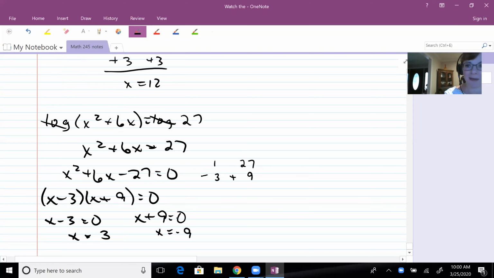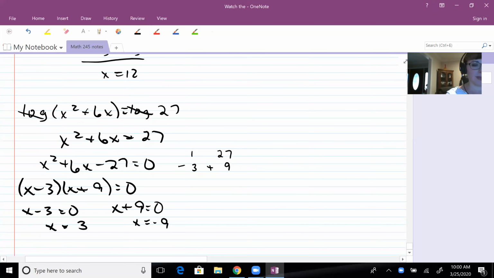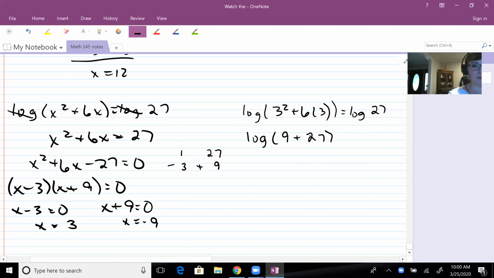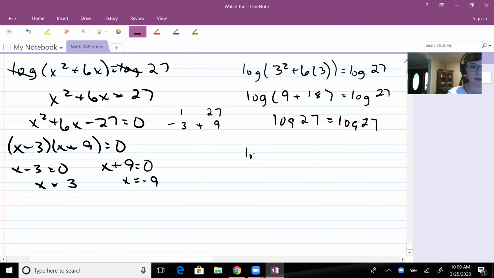Now, it's always a good habit to check your equations, because we could have that situation where we've done everything right and then it just doesn't check out. So if we do 3 squared plus 6 times 3 equals log 27, let's see if that works out. That would be 9, that would be 18 rather. That first solution works. Let's see if this negative 9 one works.